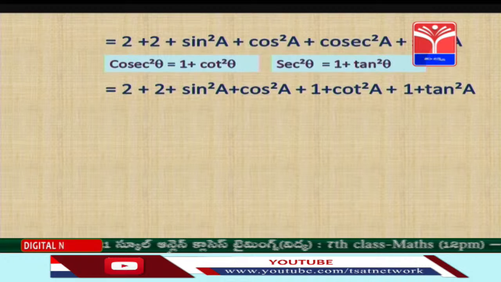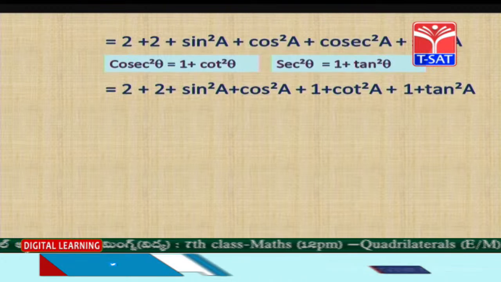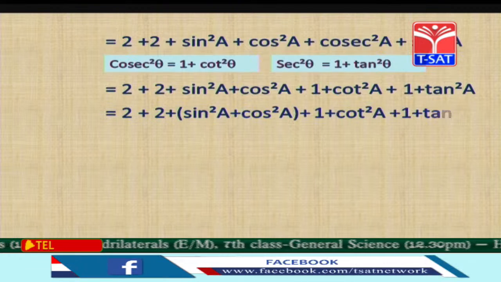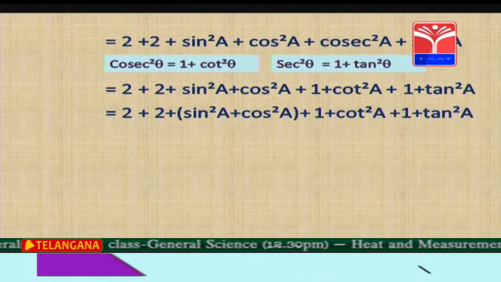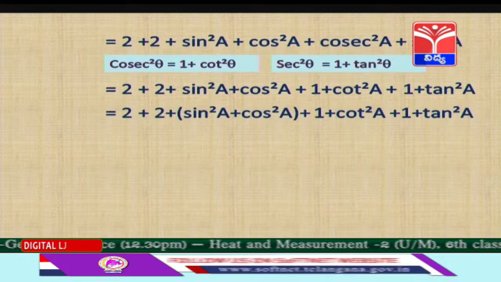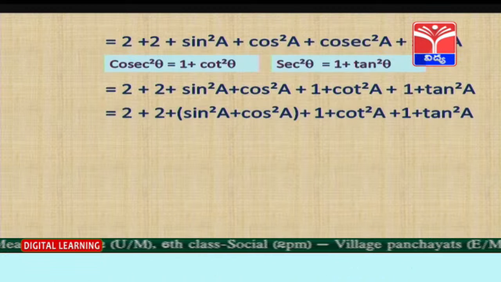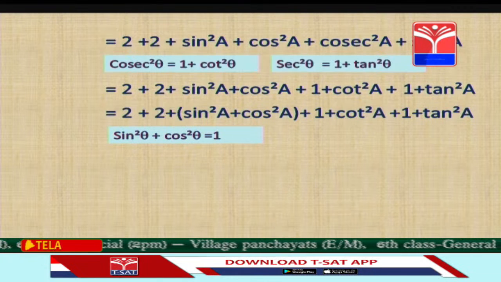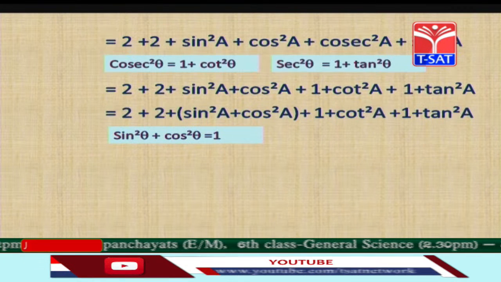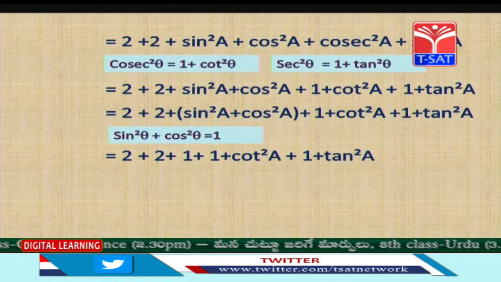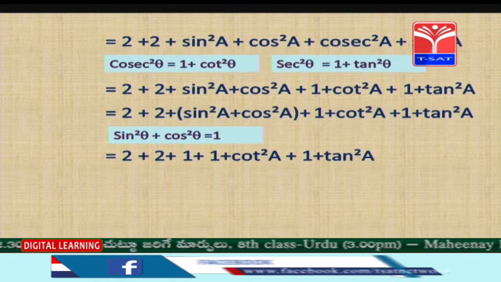Now, we already know that sin square a plus cos square a can be written as 1, based on the identities. That is the reason I have grouped it: 2 plus, in the bracket, sin square a plus cos square a, plus 1 plus cot square a, plus 1 plus tan square a. Sin square theta plus cos square theta is equal to 1. So, I am going to write it as 2 plus 1 plus cot square a plus 1 plus tan square a.